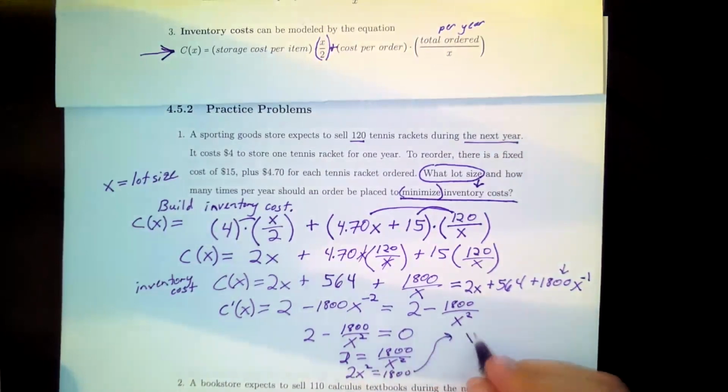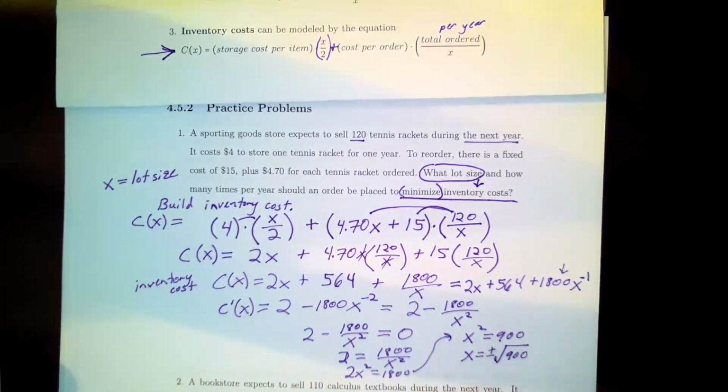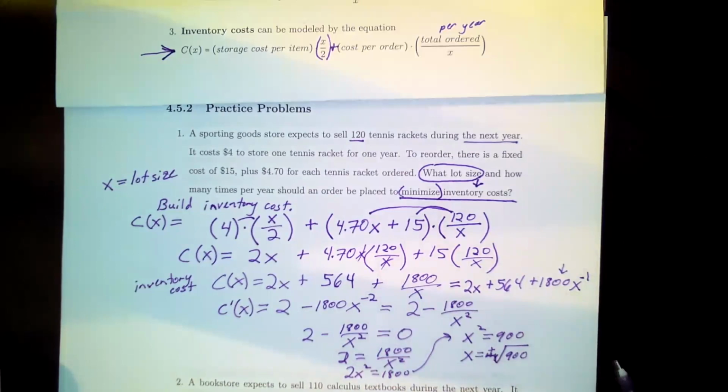Divide both sides by 2. You get x squared is equal to 900. Now you square root both sides, and we get x is the square root of 900. Now, usually you would have a plus or minus that comes out when you're taking the square root. However, x is representing a number of items, so it doesn't make sense for us to have a negative number of items.